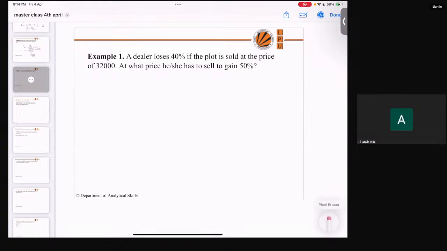Because in this case, the cost price is same. There is a change in selling price because of the increase in loss or gain percent. So what is the answer?